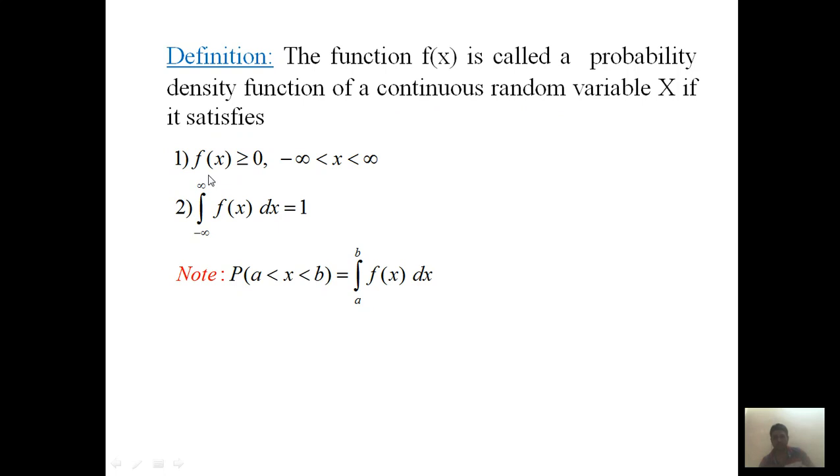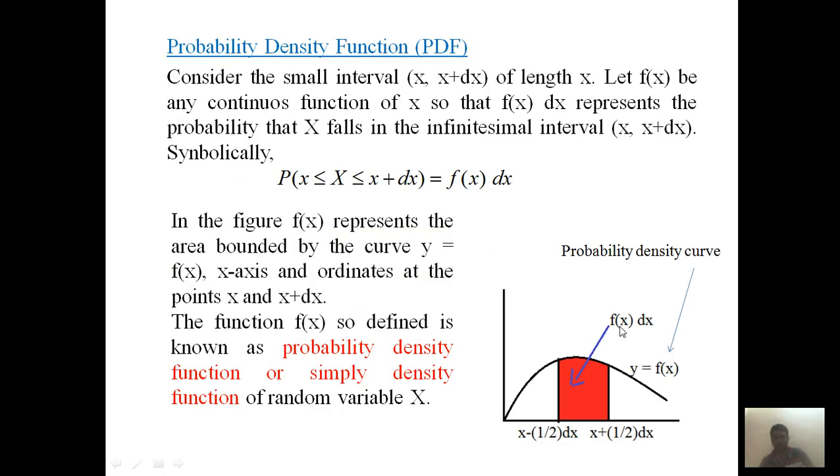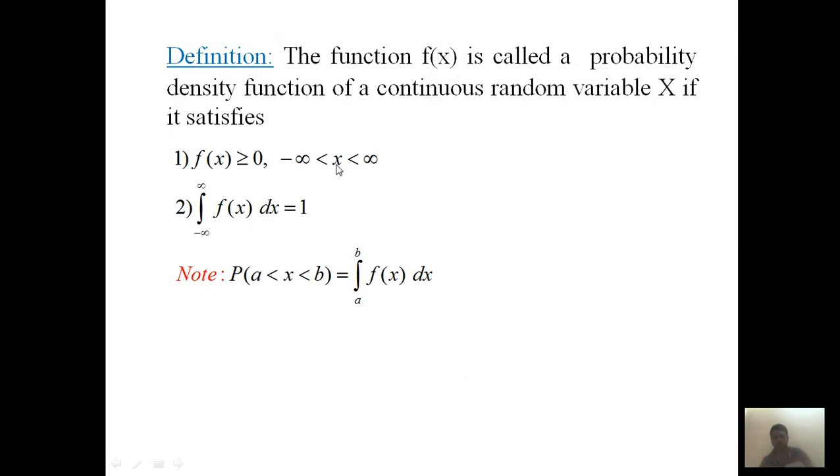The first condition: f(x) is always greater than or equal to 0, where x is between minus infinity and infinity. The second condition: the integral from minus infinity to infinity of f(x) dx, that is the value over the whole interval, must be 1.